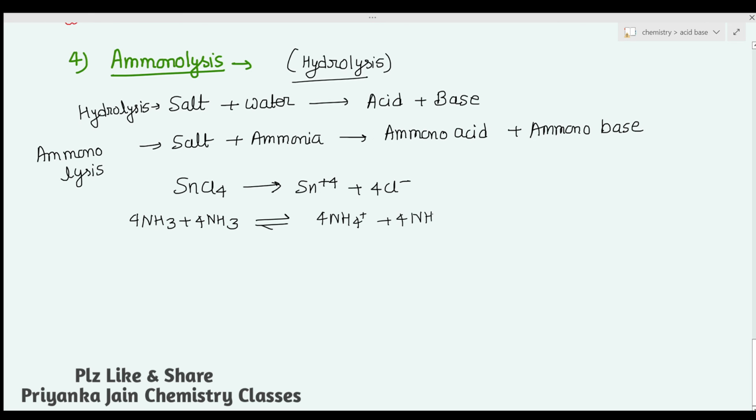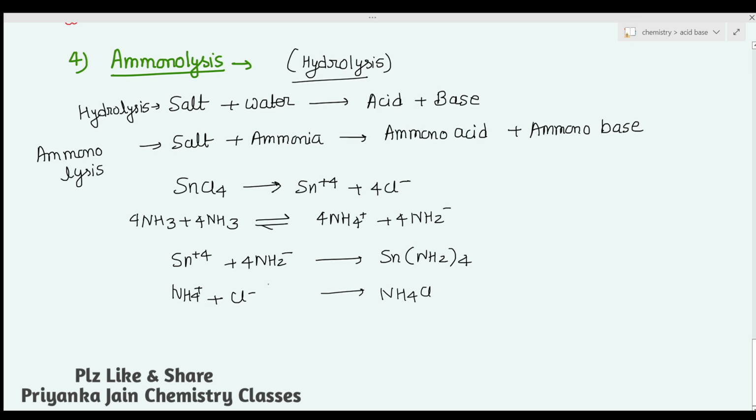Now this Sn4+ is reacting with 4NH2- and it is forming Sn(NH2)4. Similarly, NH4+ is reacting with Cl- ion and it is forming NH4Cl.